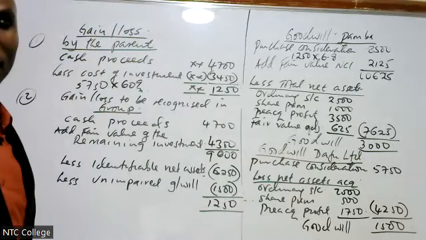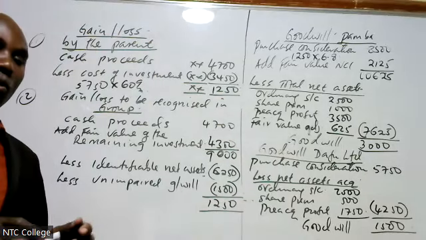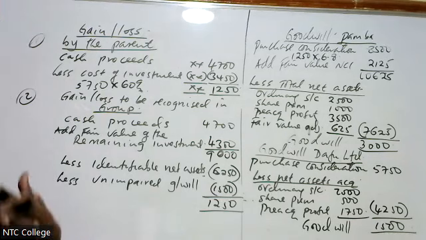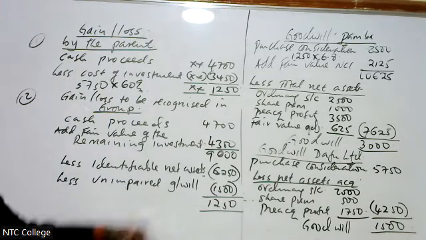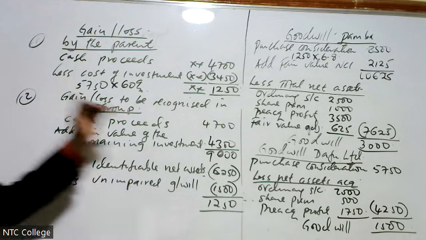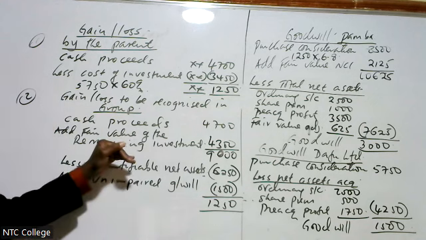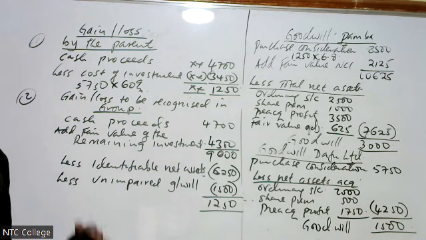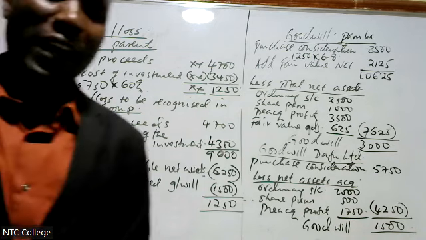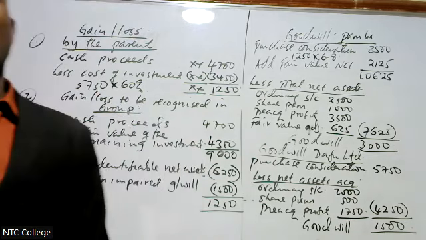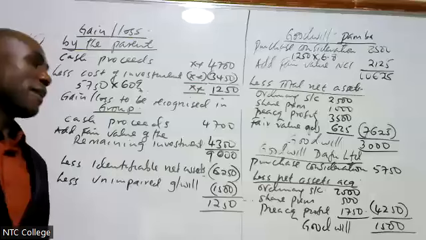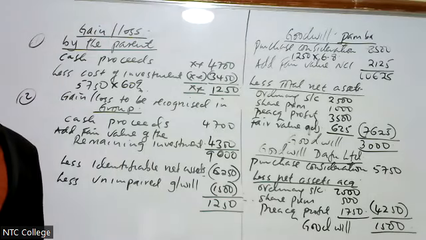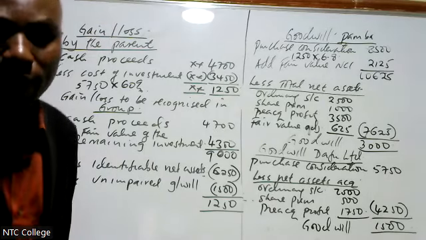That is the gain to be consolidated in the group. That's how you get it. You take your cash proceeds, you add any fair value of the remaining investment, you less the net assets, in this case the identifiable net assets of 6250. Then we less the unimpaired goodwill.